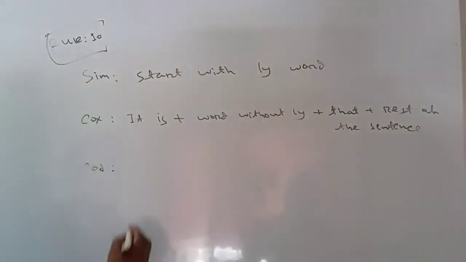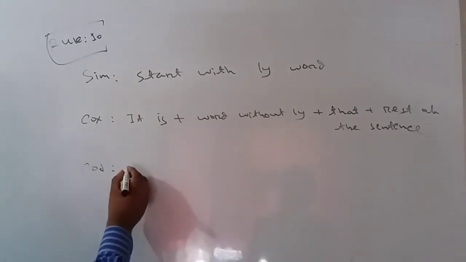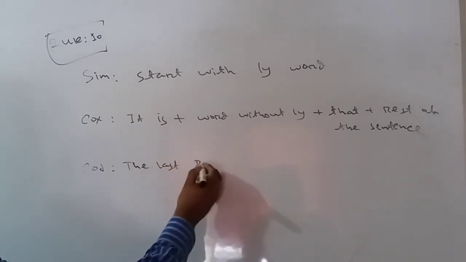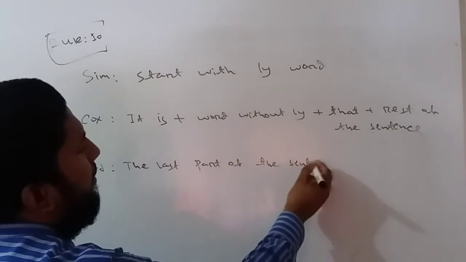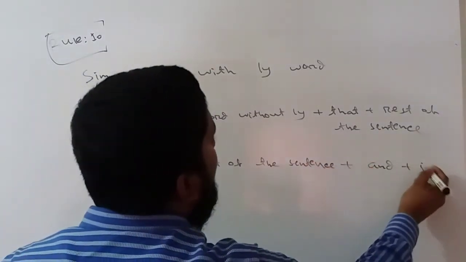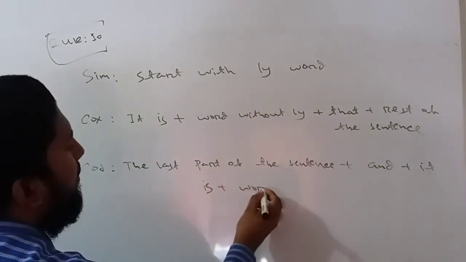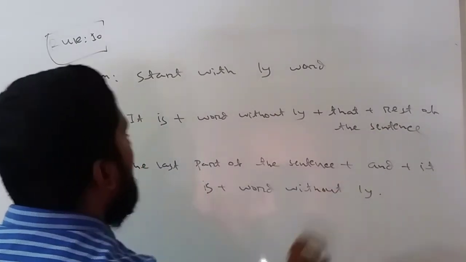For doing compound, you will have to write the last part of the sentence first, then you will have to use and, then it, then is, then the word without ly.